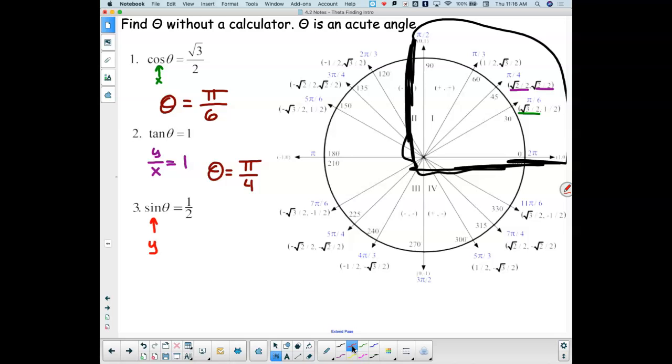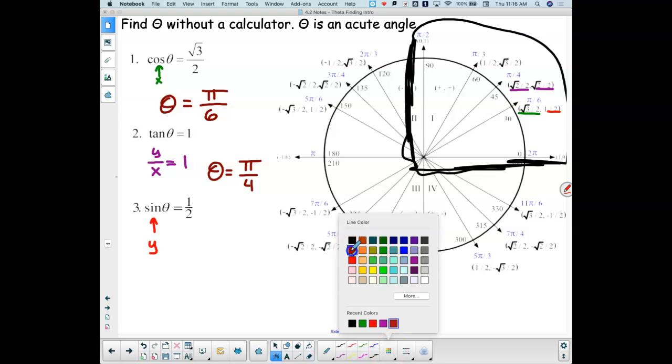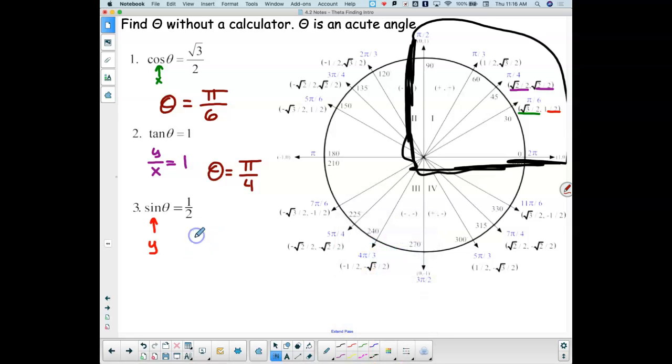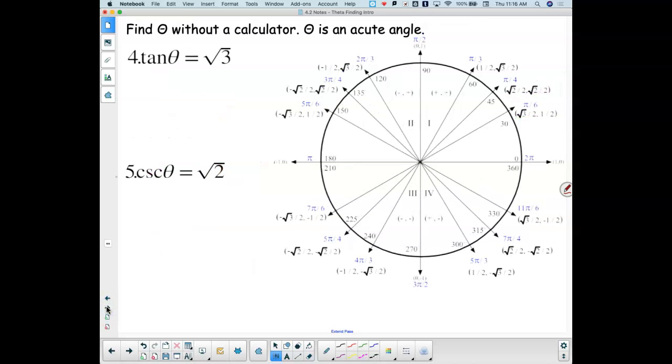Pi over 6. So theta here then would be pi over 6. Okay? Try those two.